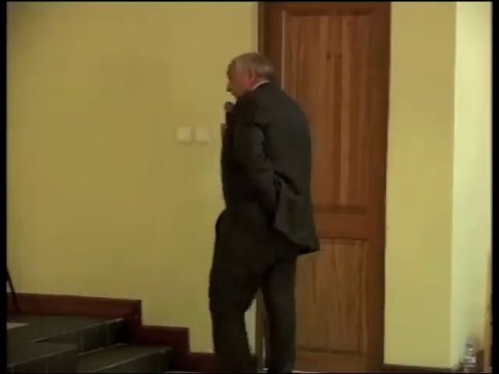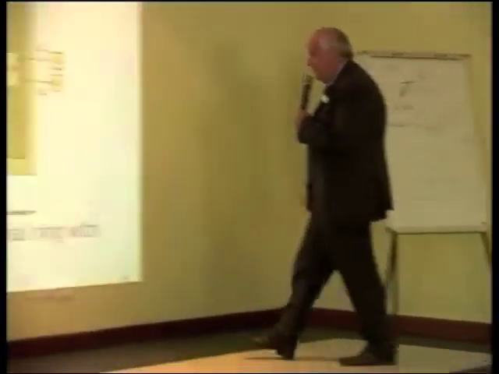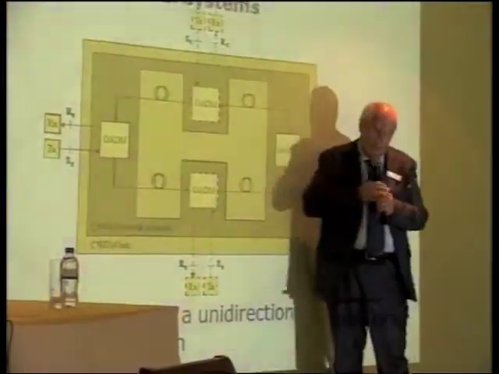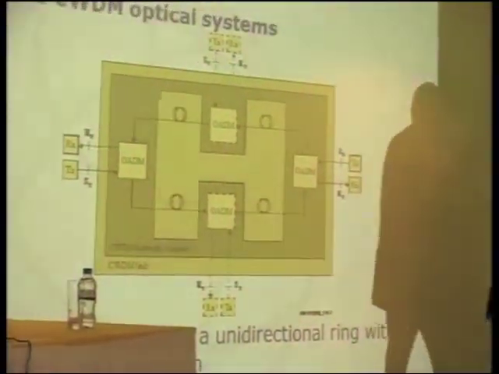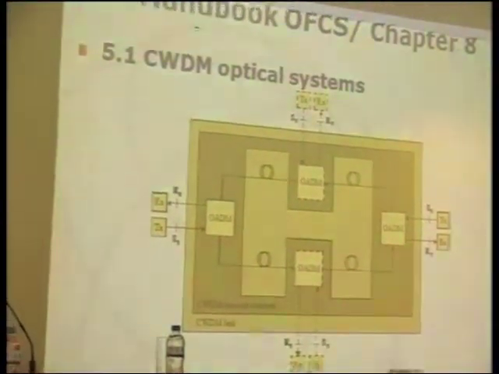These are the reference points for a unidirectional ring with the black link approach. All that is inside this box is not known.